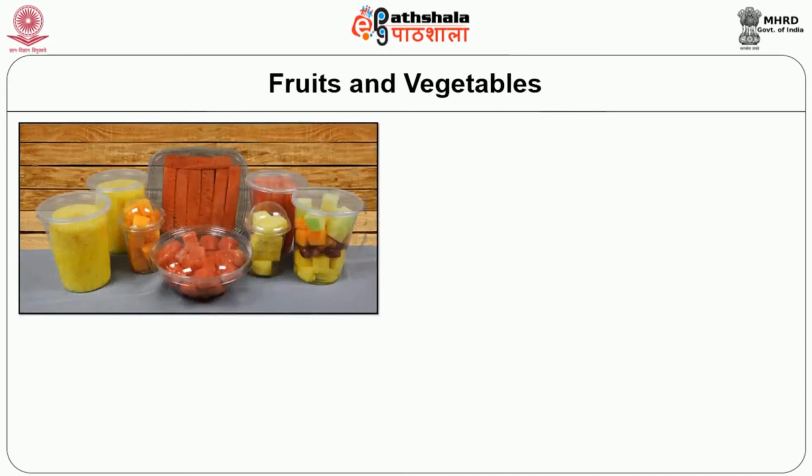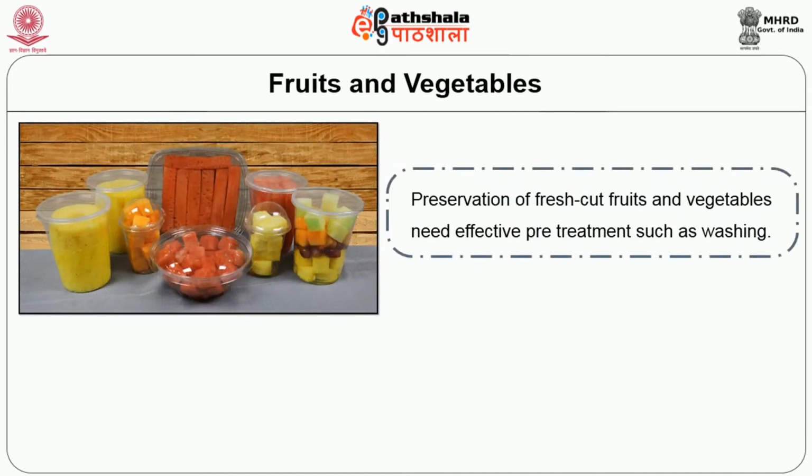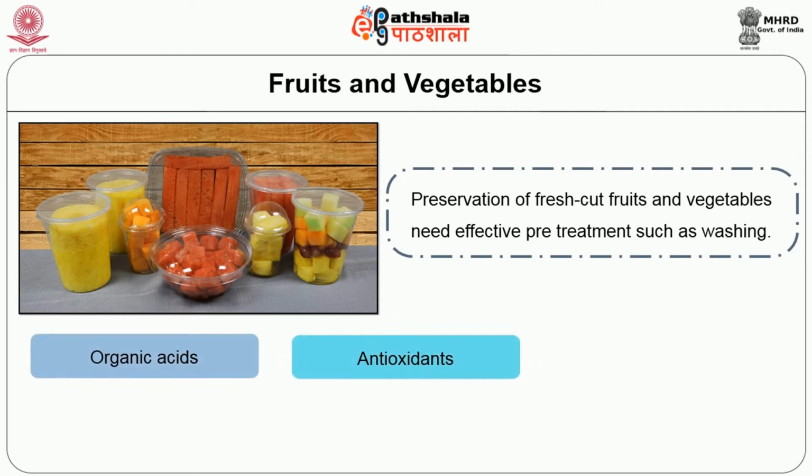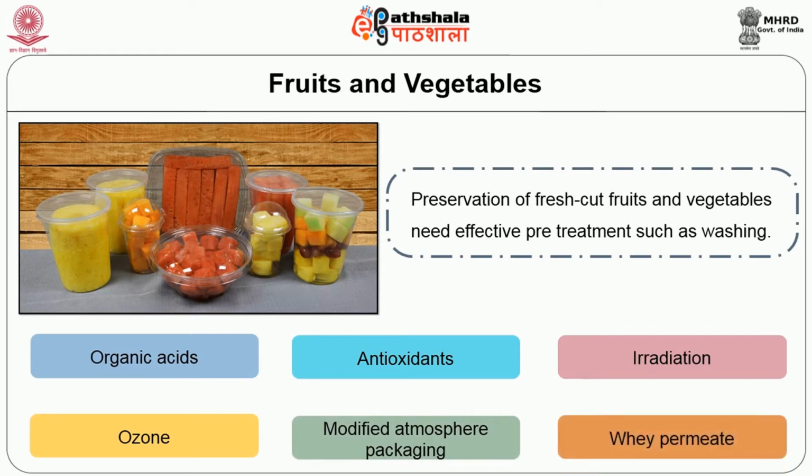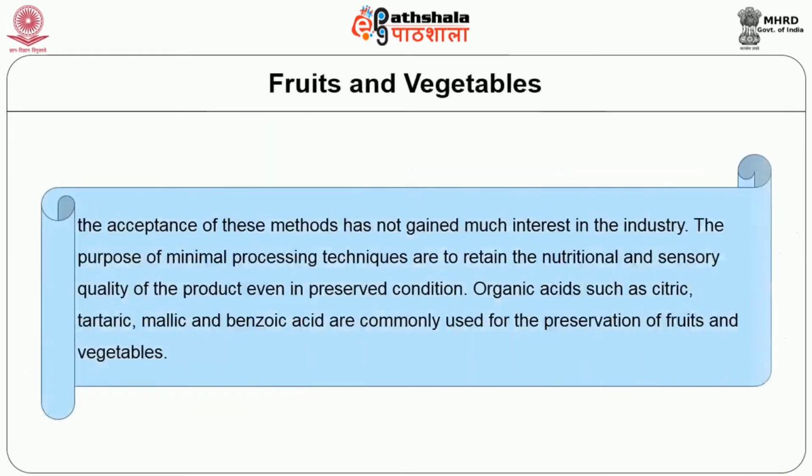Fruits and vegetables. The preservation of fresh cut fruits and vegetables needs effective pretreatment such as washing. Alternate methods such as organic acid, antioxidant, irradiation, ozone, modified atmosphere packaging, wave permeate are used. But the acceptance of these methods has not gained much interest in the industry.